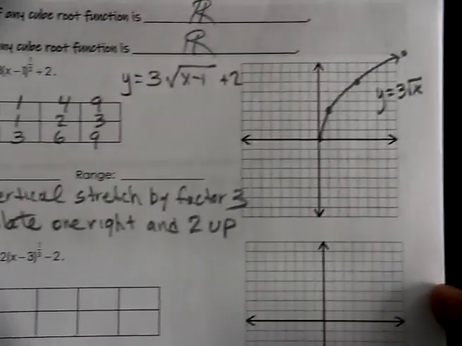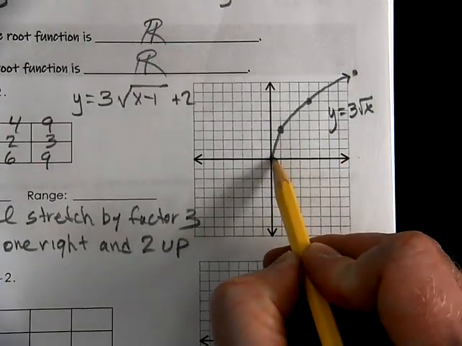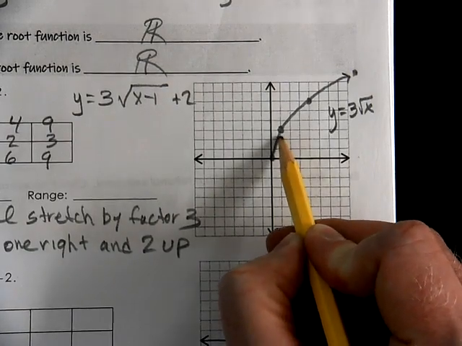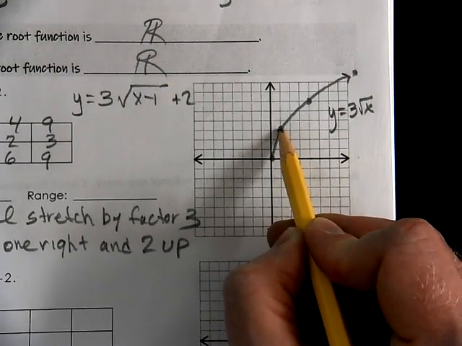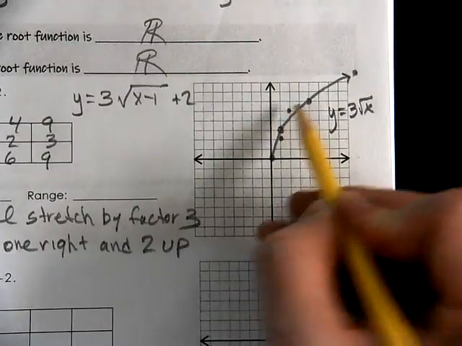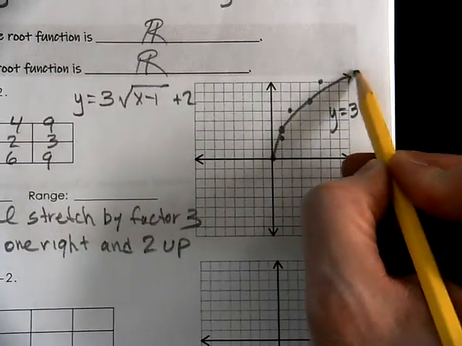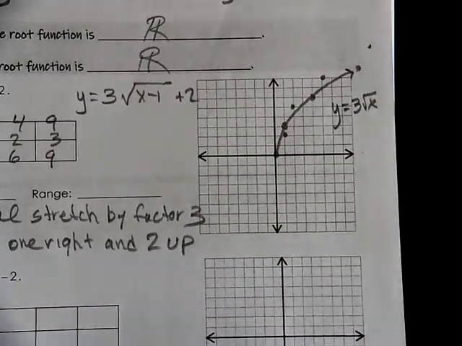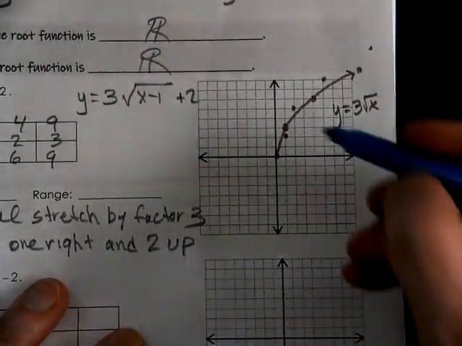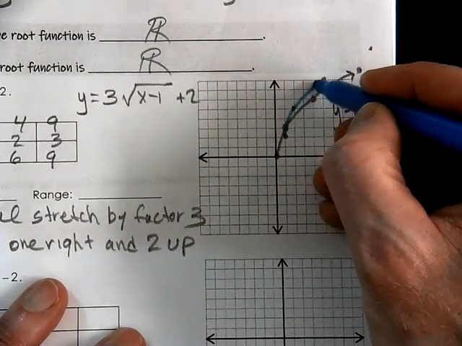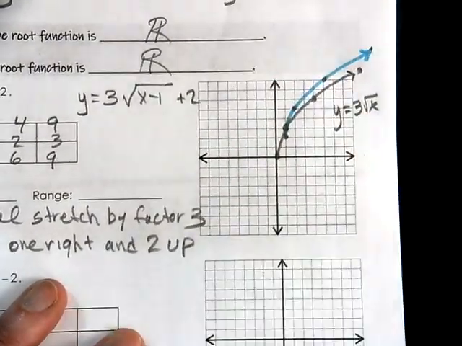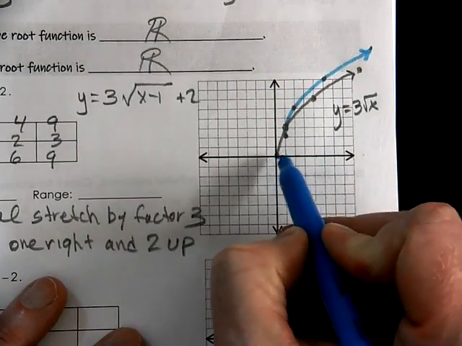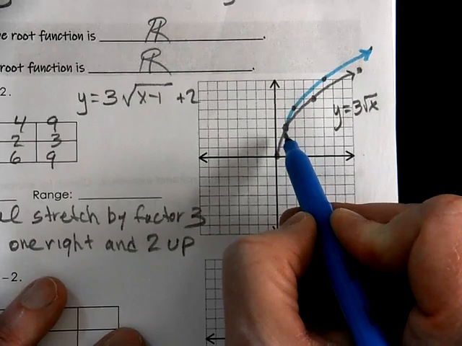So that means we take every one of these points and we move 1 to the right and up 2. Every one of these points, 1 to the right and up 2. So you're no longer going from the origin. You're going from 1 to the right, 2 up. That's your new location.